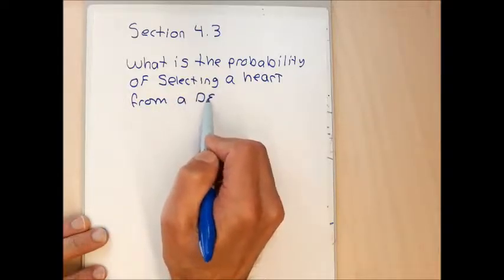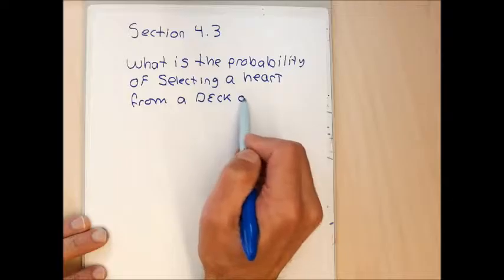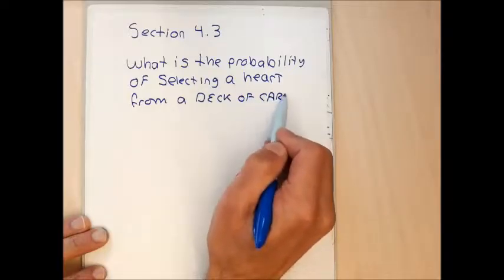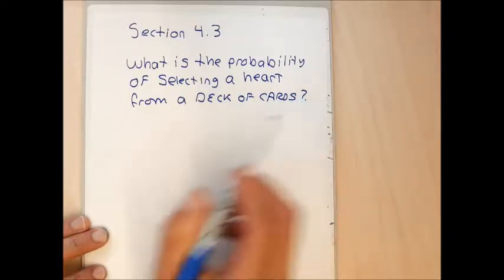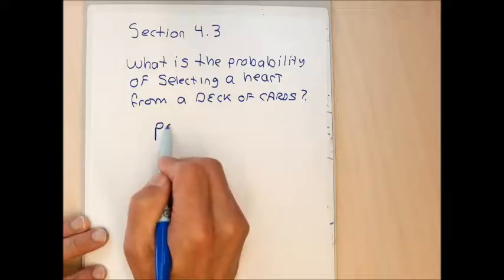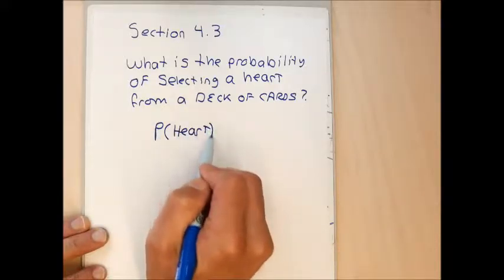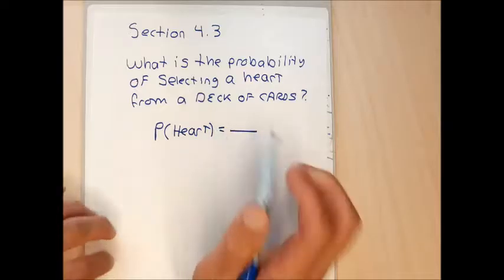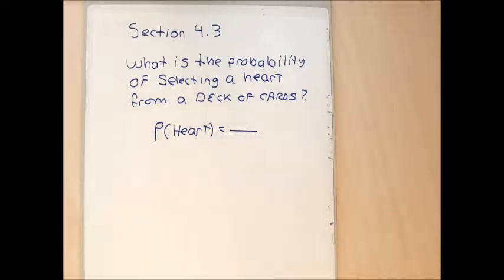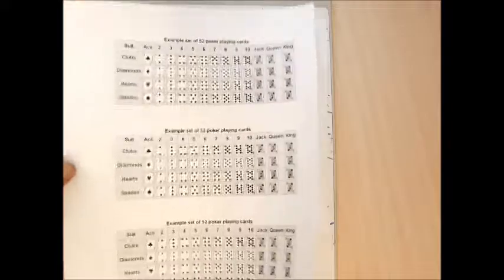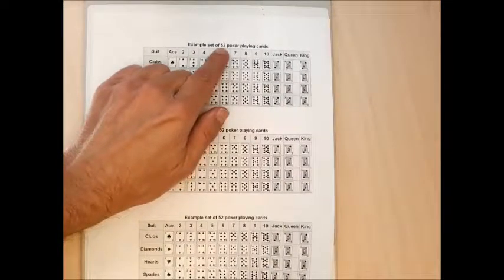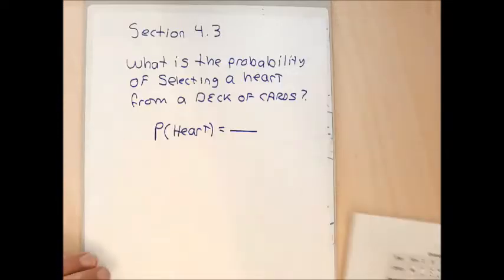And to do this, we had two numbers to come up with. We had a number for the numerator and a number for the denominator. And in all the card problems, our denominators were 52 because a deck of cards has 52 cards.